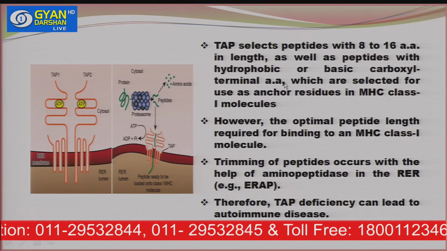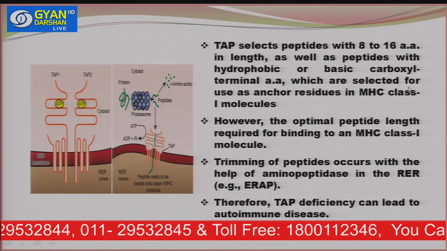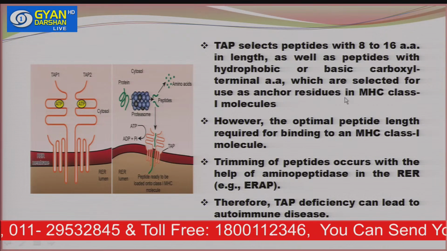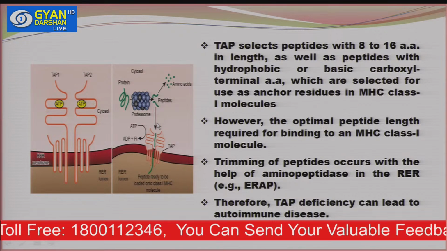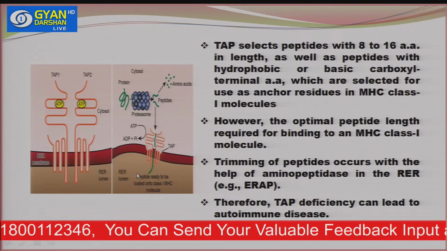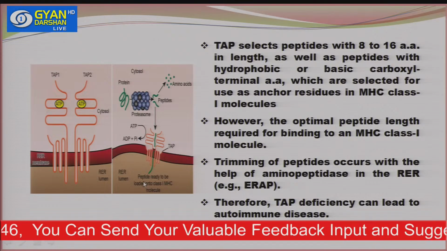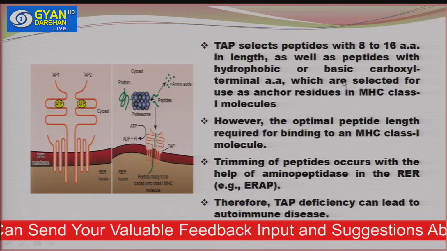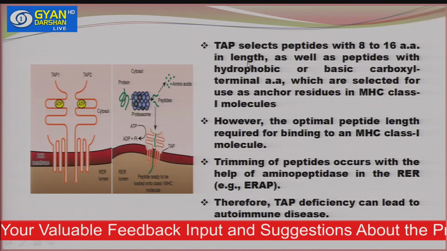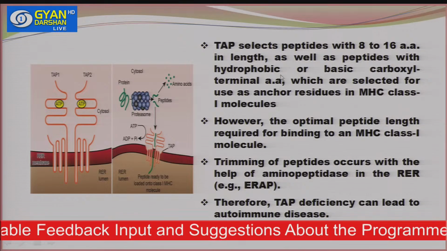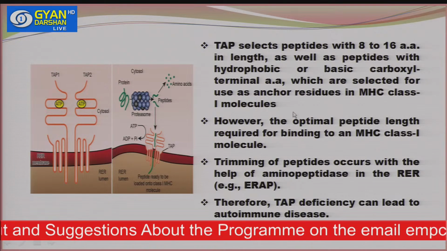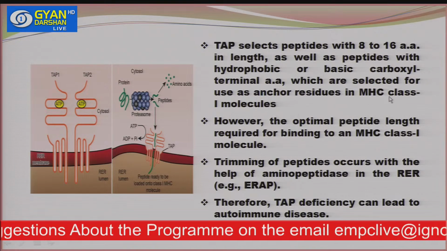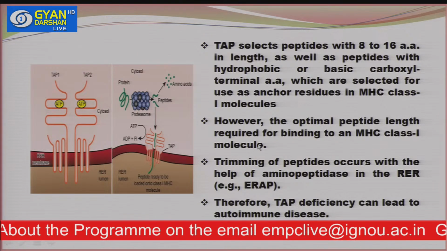A basic carboxy terminal amino acid is selected for use as an anchor residue of the MHC class I molecule. So it passes from the cytosol to the endoplasmic reticulum lumen.